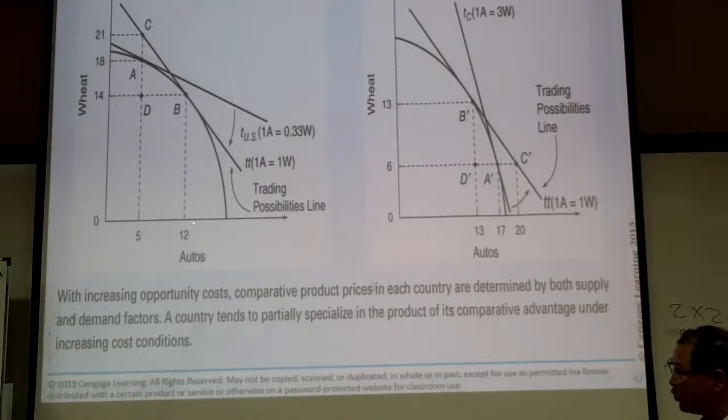So produce 12 autos, but consume only 5. This 7 is exported to Canada. And at the same time, can import wheat. Produce only 14, but can consume more wheat, 21. So don't forget, A is before trade. If I can make a dot there with my pen, A is before trade. And now, after trade, the specialization point is B.